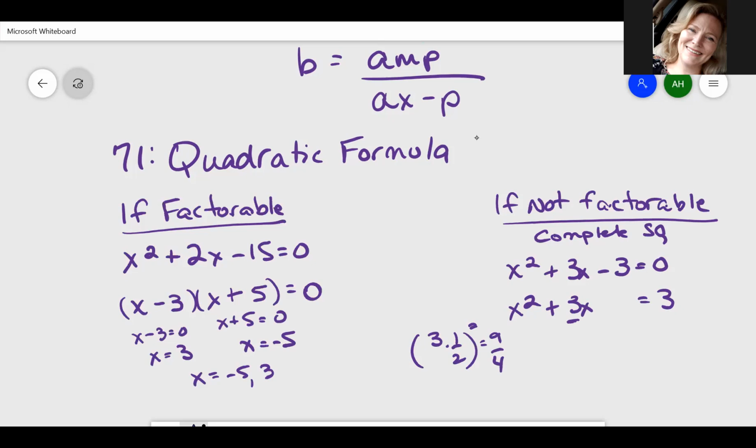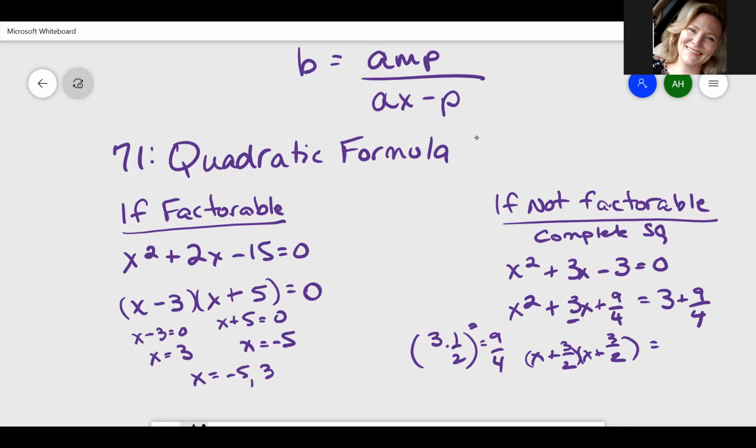So I'm going to take that 9/4 and plug it in on both sides. Now I can take this equation and factor it, and I would get x plus 3/2 and x plus 3/2, the exact same thing.